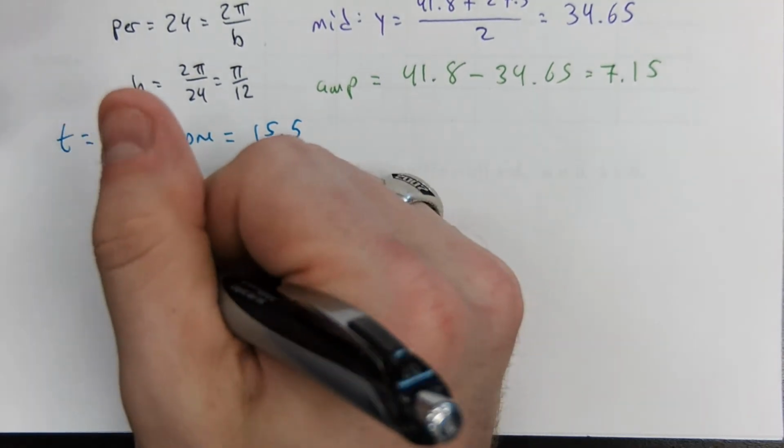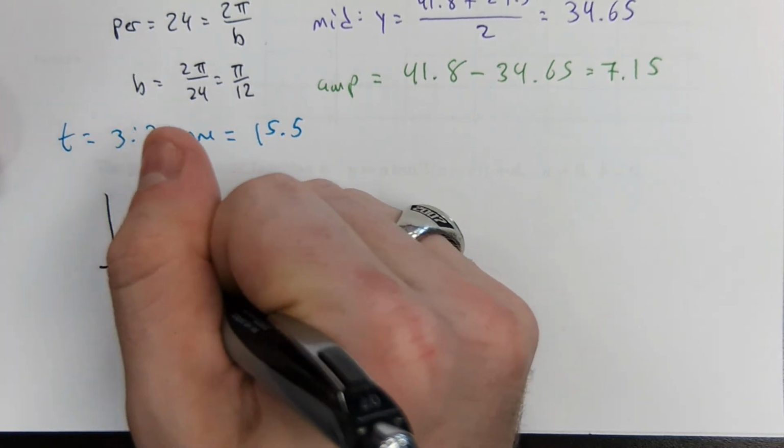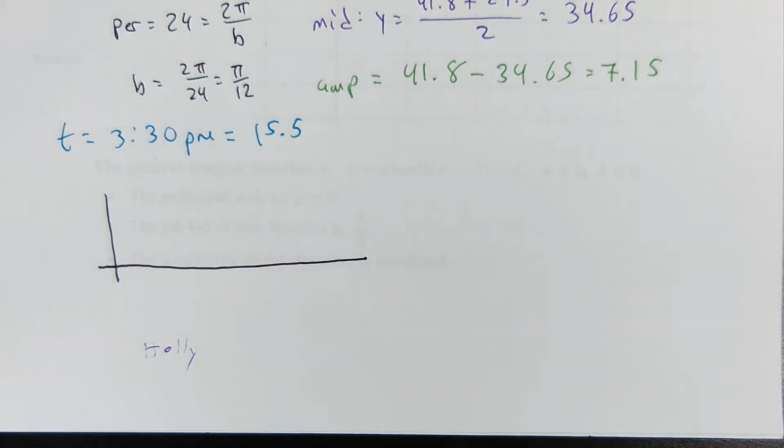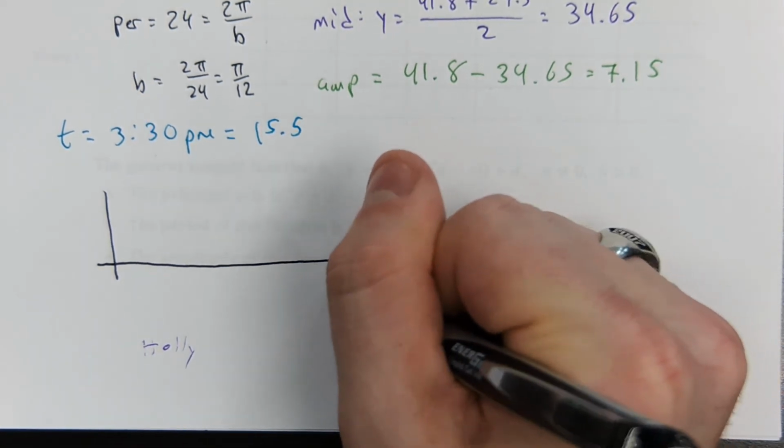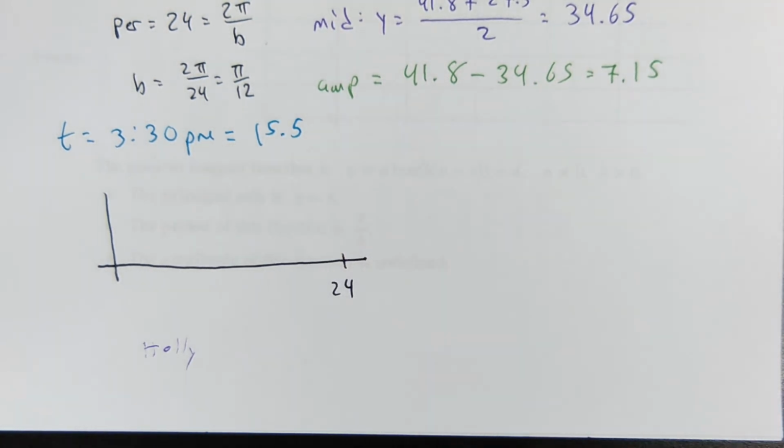I am going to sketch this because I am not very good at getting equations without a sketch. We're going to say time equals 0 is midnight, and we know it goes to 24, which is, again, another midnight.